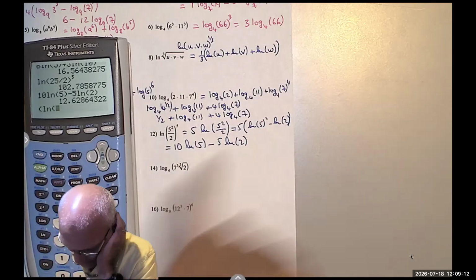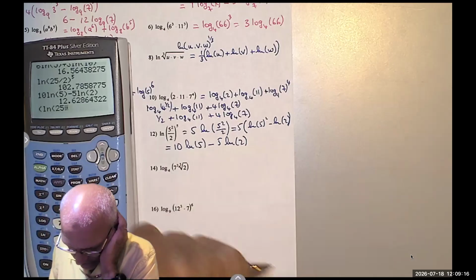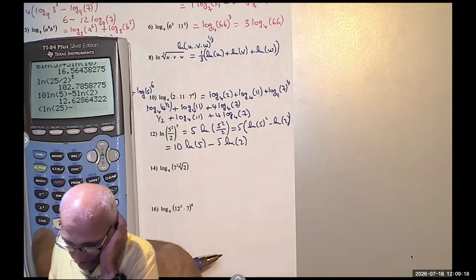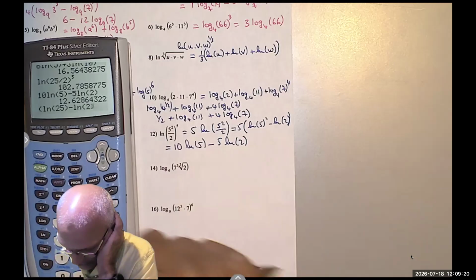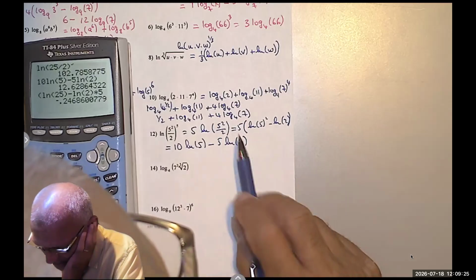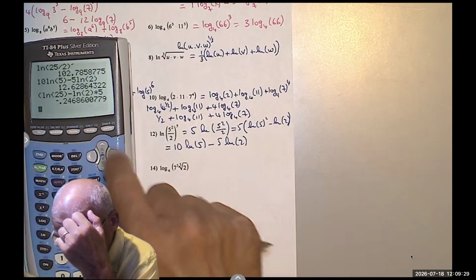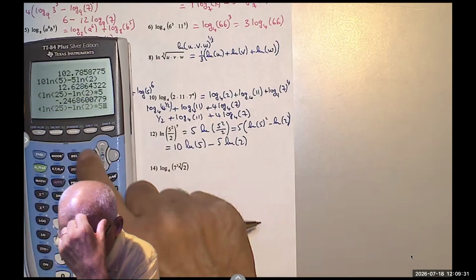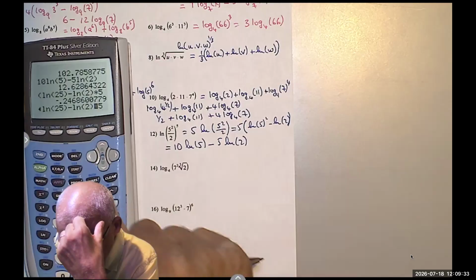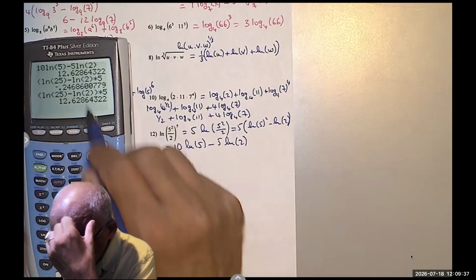Natural log of 25 minus natural log of 2 times 5. Yeah, it's 12.